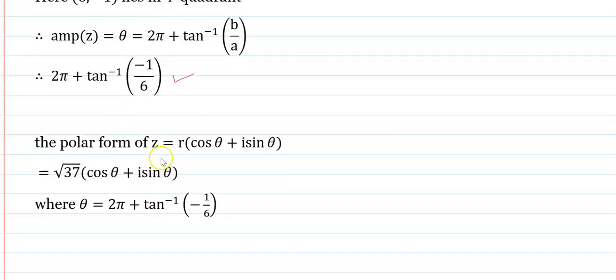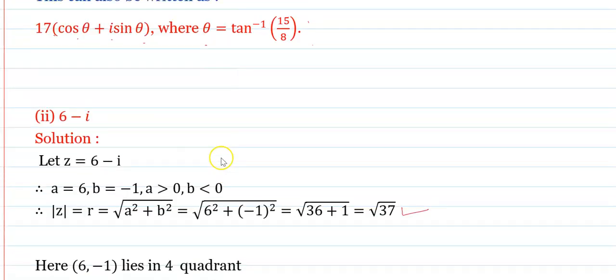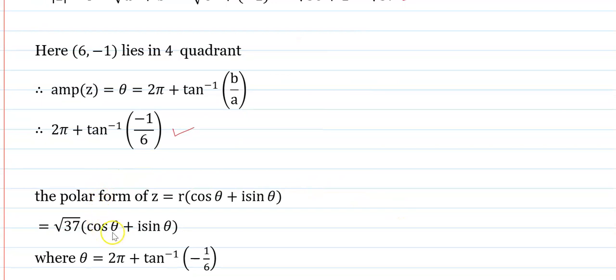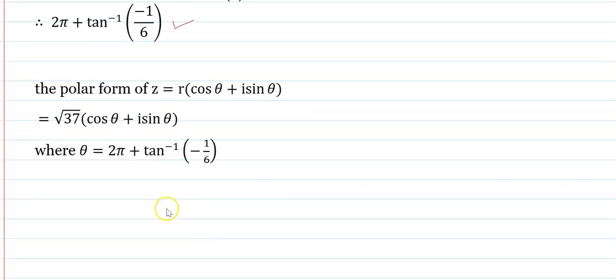The polar form of z is equal to r (cos theta plus i sin theta). The value of r is root 37, so it is root 37 (cos theta plus i sin theta), where theta is equal to 2 pi plus tan inverse of (minus 1 by 6), and hence it is in the polar form.